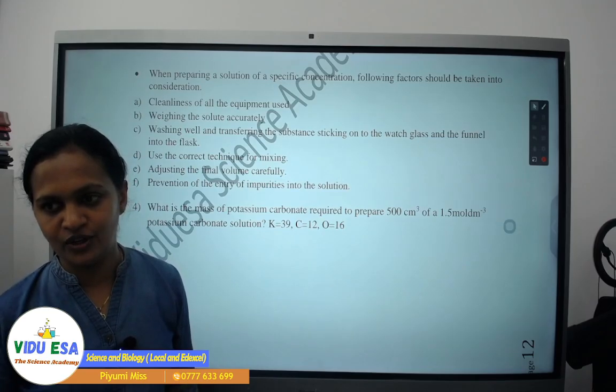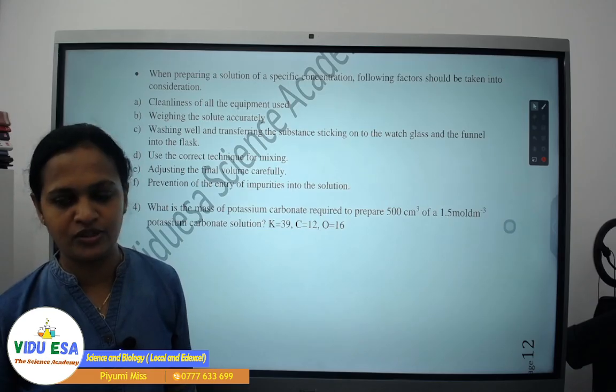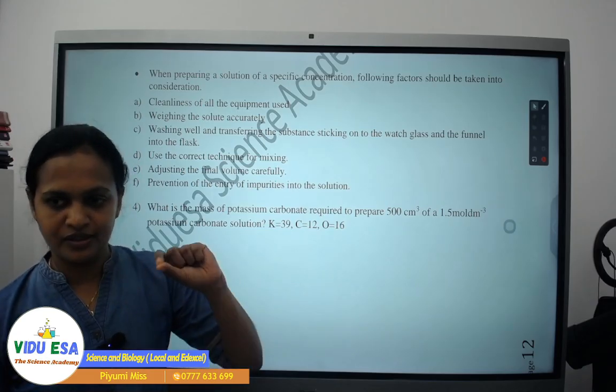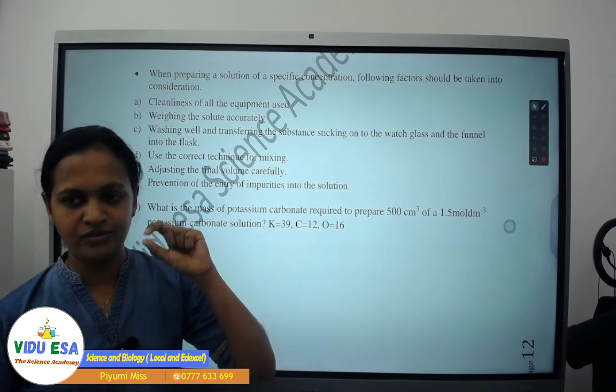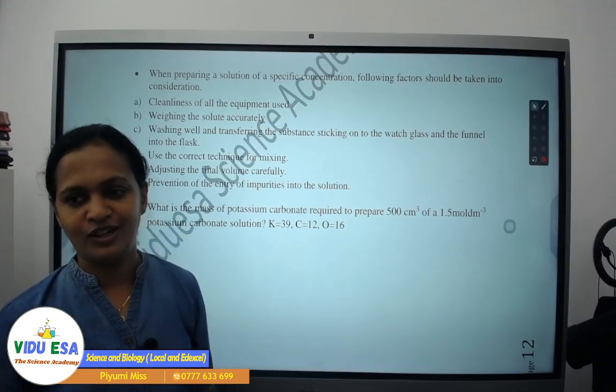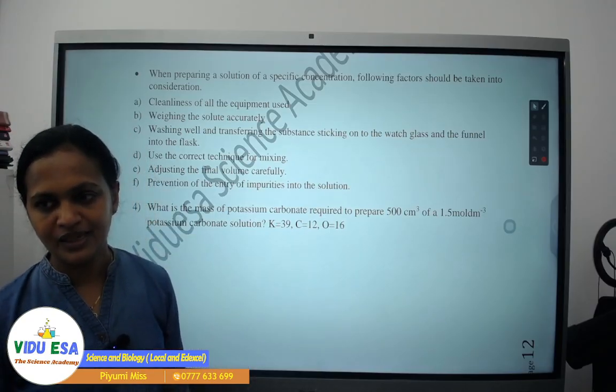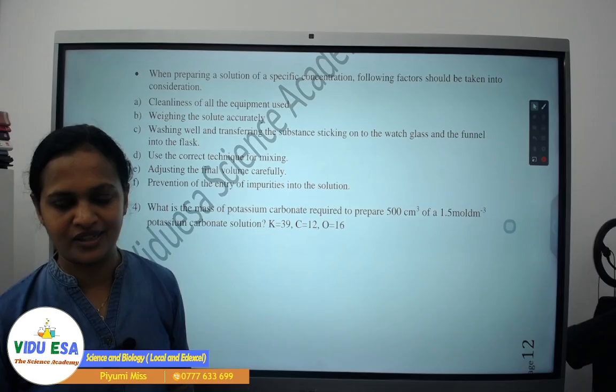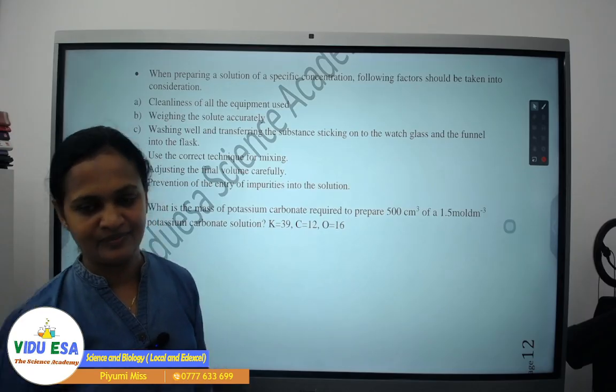Adjust the final volume carefully by using a dropping pipette or a dropper. You can just add distilled water dropwise to top up the last few drops. Prevention of the entry of impurities into the solution. That is why we use clean glassware.